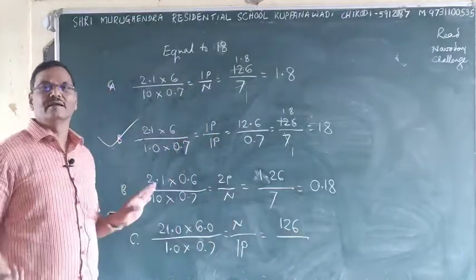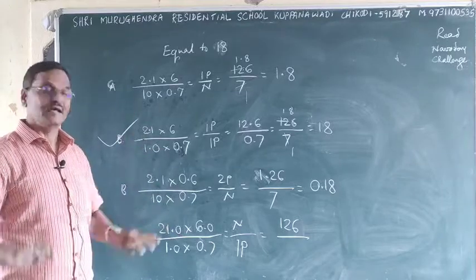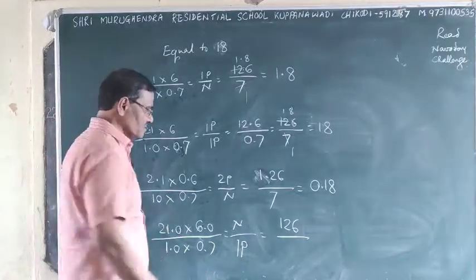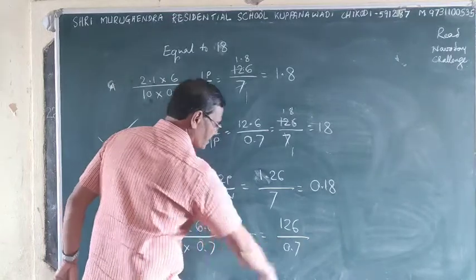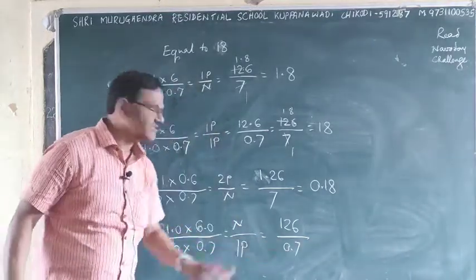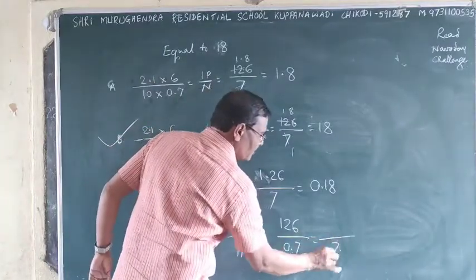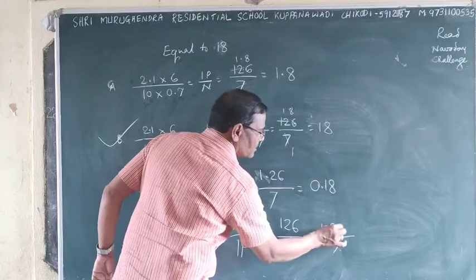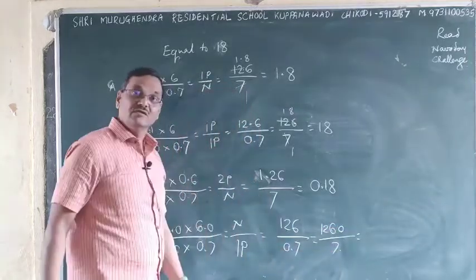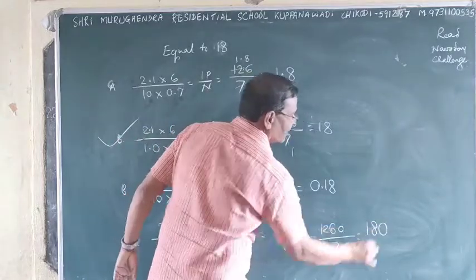No decimal places are there. So here it means 0.7. Here it is nothing, and one place means 0.7. Then how are you doing this? One place upping means it became 1260. So it will become 180.